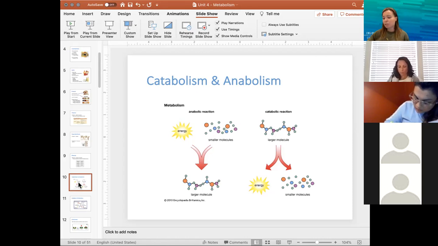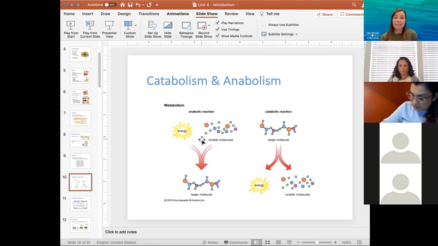You do have definitions here already. Catabolism is the reactions that involve the breakdown of complex, larger structures or molecules into smaller, simpler ones. And these reactions tend to release energy. This side of the PowerPoint slide shows you a catabolic reaction: if you take a larger molecule and break it apart into individual pieces, that often results in energy release.